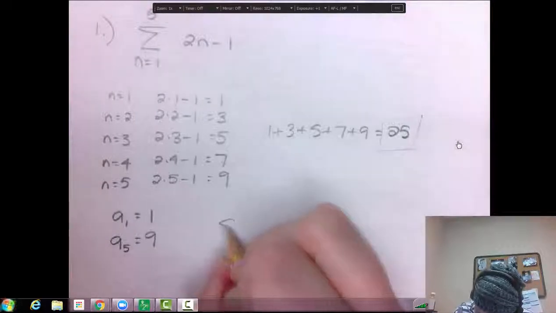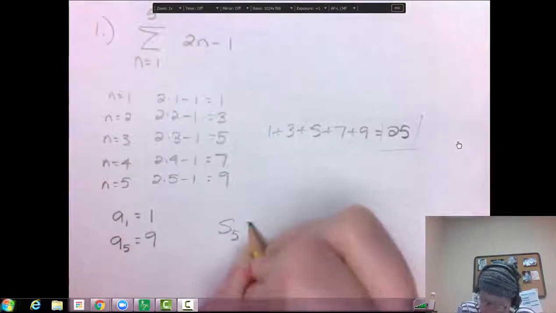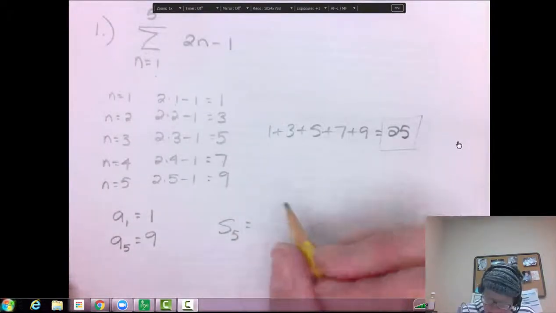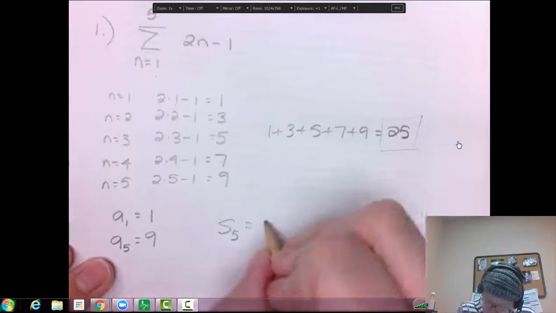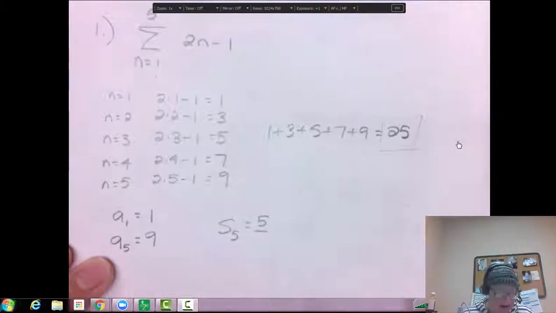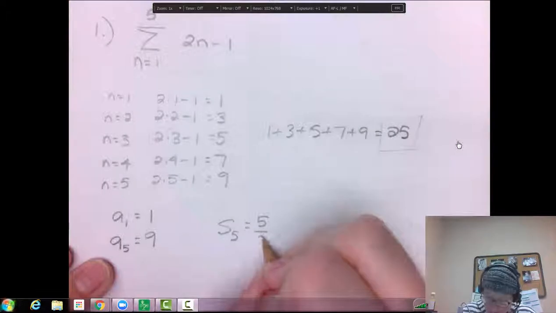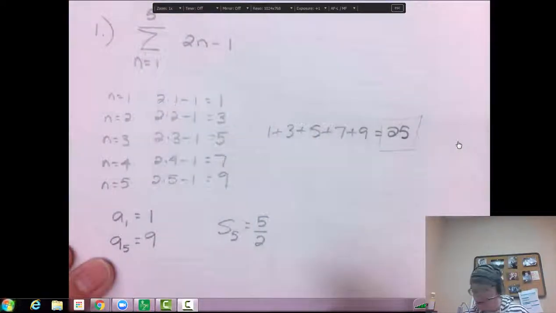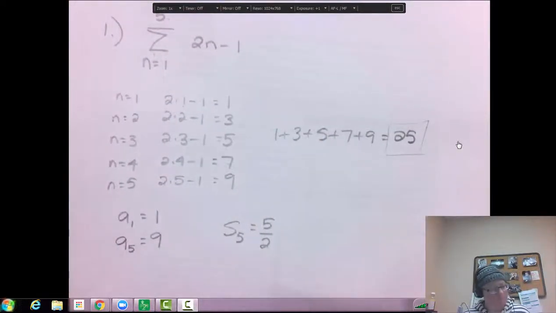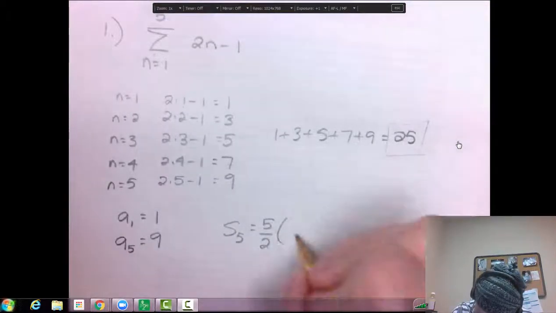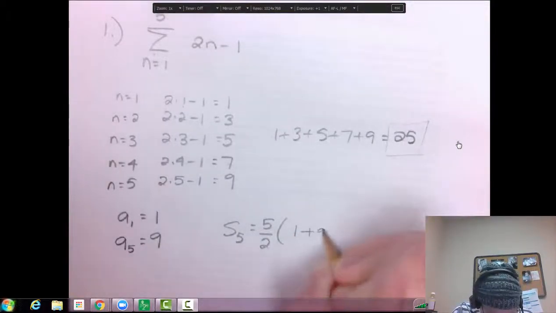So let's look at this. We'd say, all right, now we know this is only going to the 5th for the sum, and we know that we have 5 divided by 2. So 5 is, yeah, it's just n. And then a1 plus an is 1 plus 9.